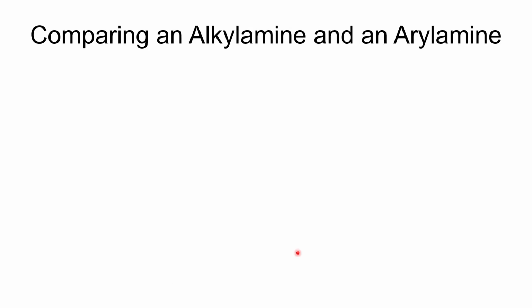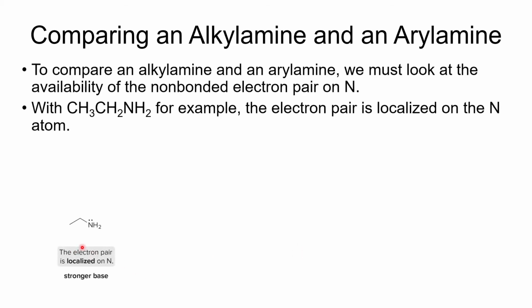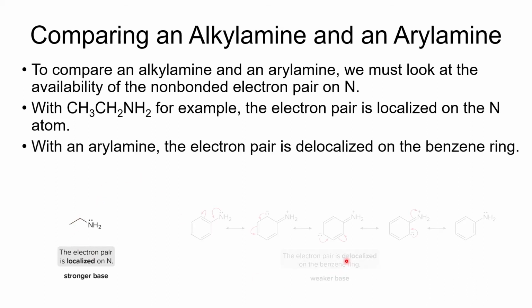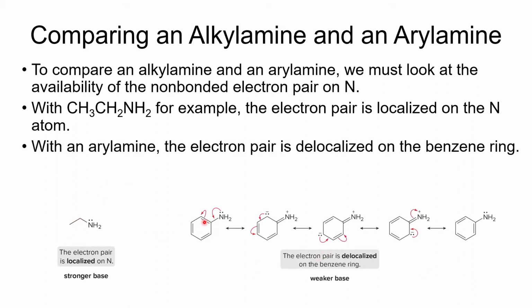If we compare an alkyl amine to an aryl amine, let's look at an alkyl amine like ethylamine and then compare that to aniline. So here is aniline. What we want to do is look at the availability of the non-bonded electron pair on the nitrogen.